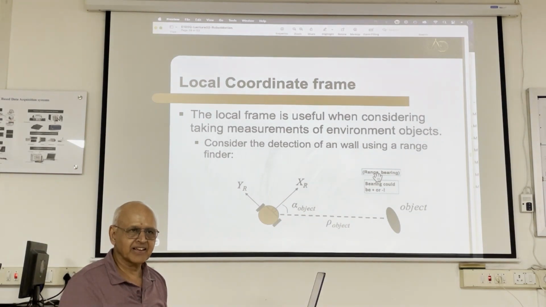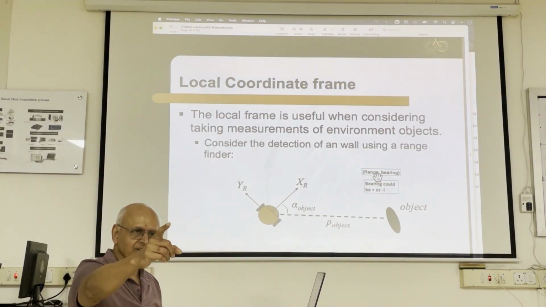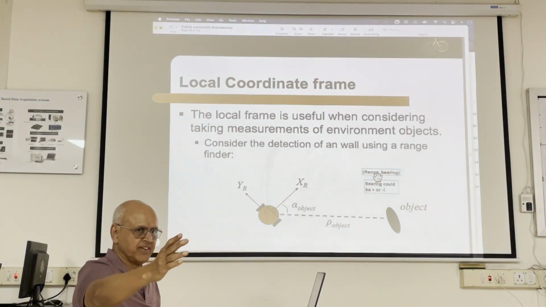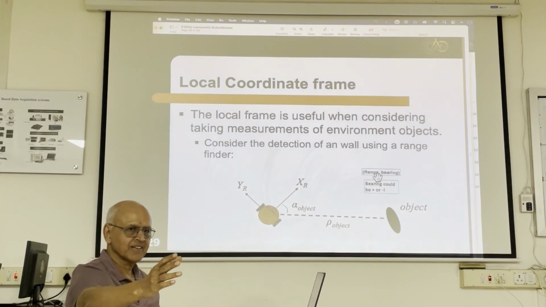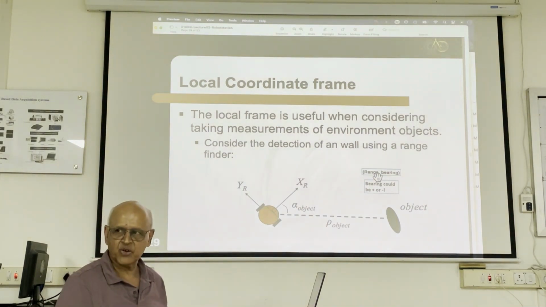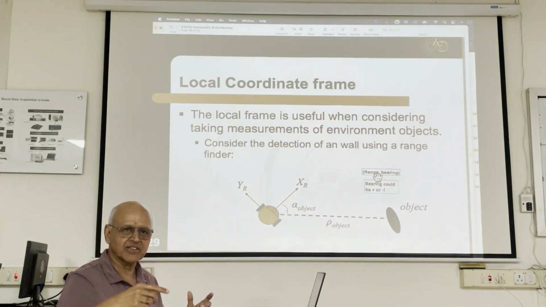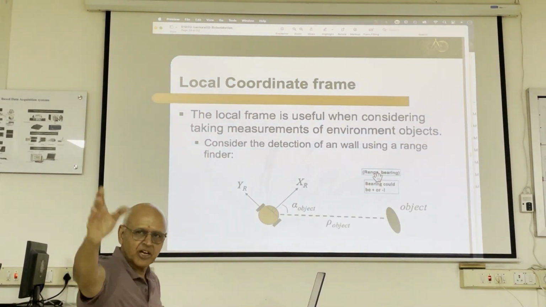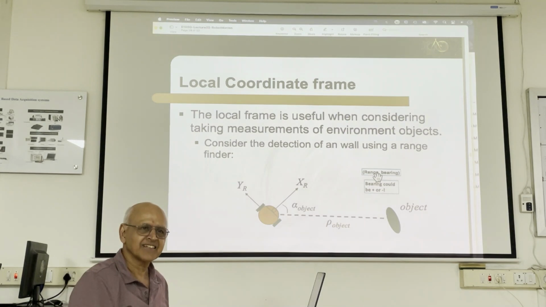I say, I saw my friend, he was about 50 meters away in this direction, right? So this direction means with reference to this axis. We don't see things in X and Y. We don't give XY coordinates of our friends, and say, oh, I saw the person at 50, 30. I saw him off to this side, talking to somebody about 100 meters away.